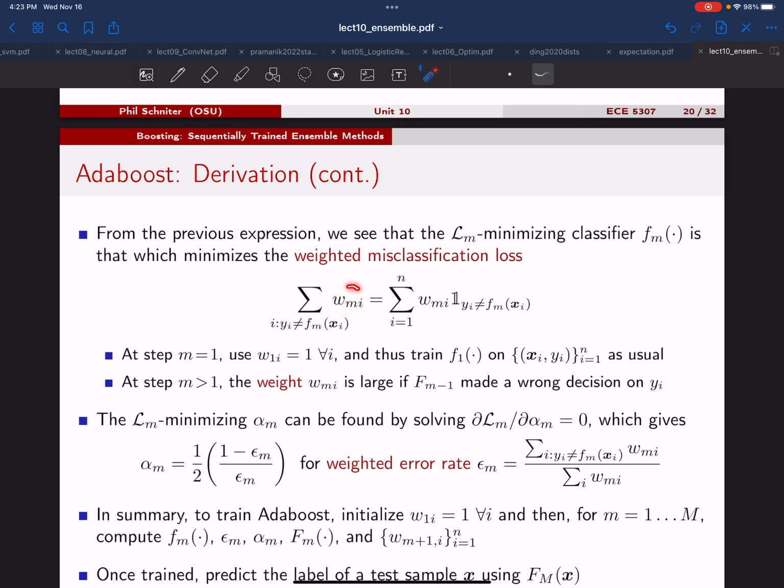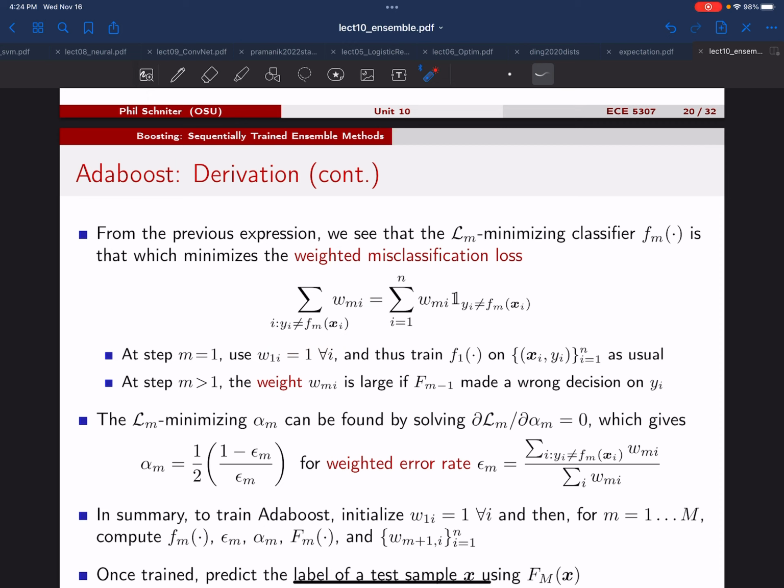But because these are not necessarily ones, we can call it a weighted misclassification loss. So here again is another way to write it. This indicator function comes alive when we make a mistake, and those are the terms that add to the sum. If we did not make a mistake, then those i's contribute nothing, just like here.